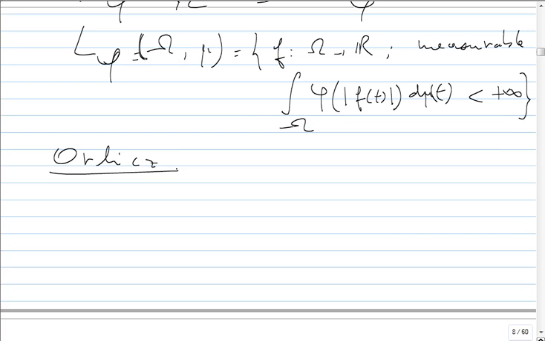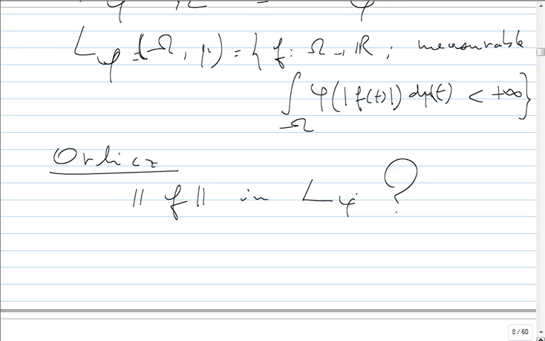He came up with this extension, and he asked, okay, what's the norm now? What is the norm in L phi? Now things become interesting. It's not as we did before with the capital Lp. Here it is slightly different.